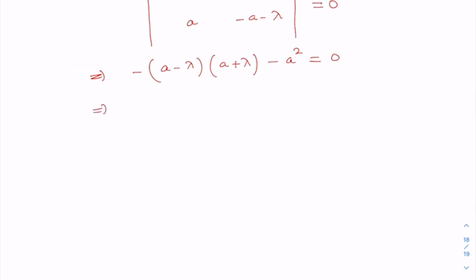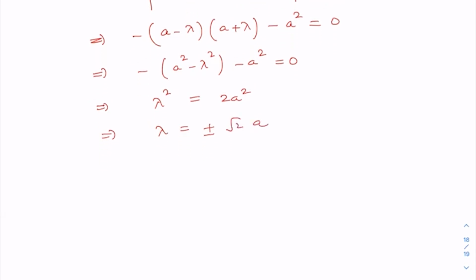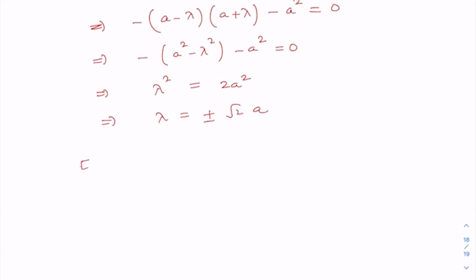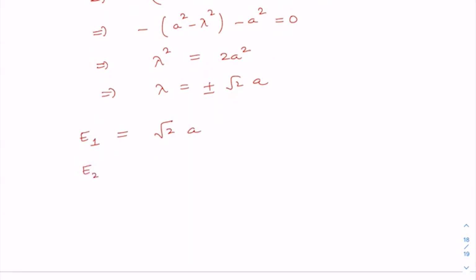If you solve it, you will get minus A square plus lambda square minus A square is equal to 0. So therefore lambda square is equal to 2A square. So you have lambda equal to plus minus root 2 A, because they correspond to energy eigenvalues. So let me say one energy eigenvalue is E1, that is root 2 A, and the other one is minus root 2 A. So these are the energy eigenvalues.